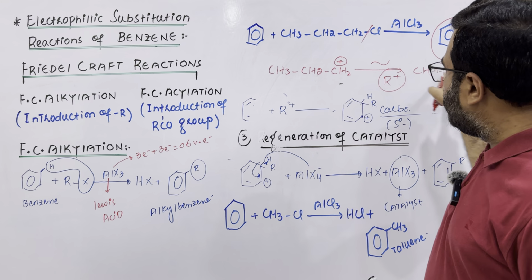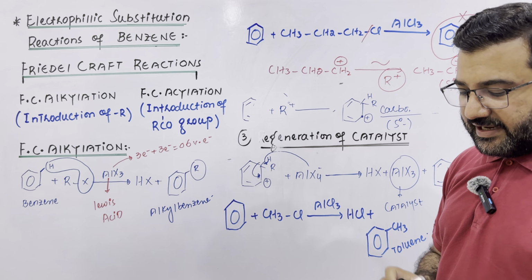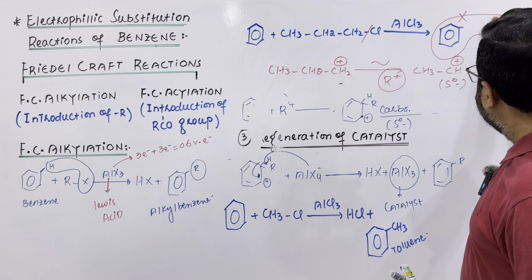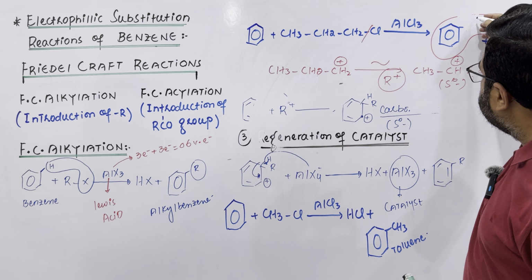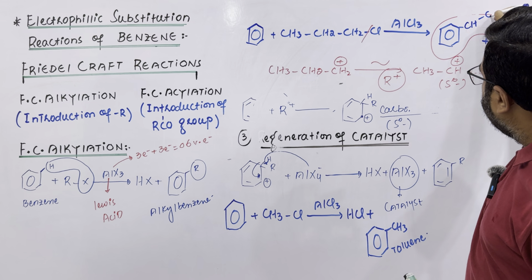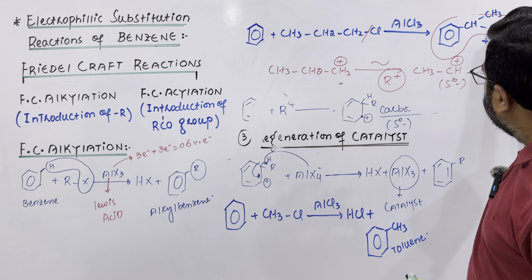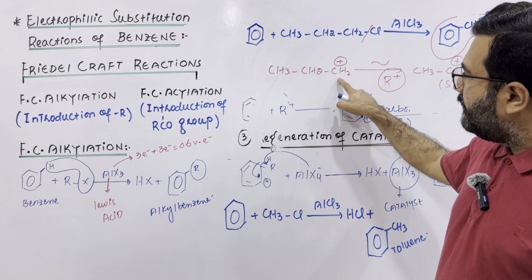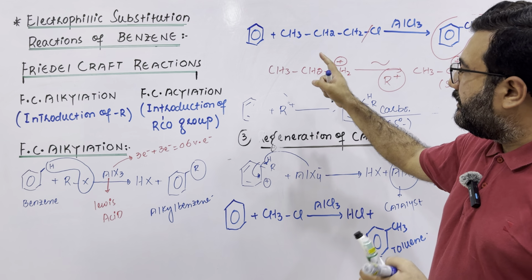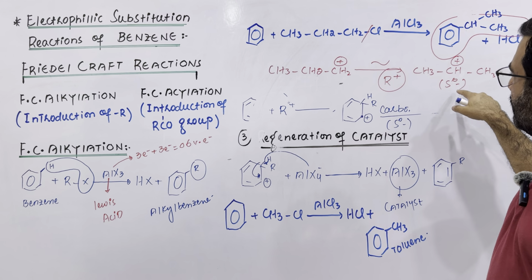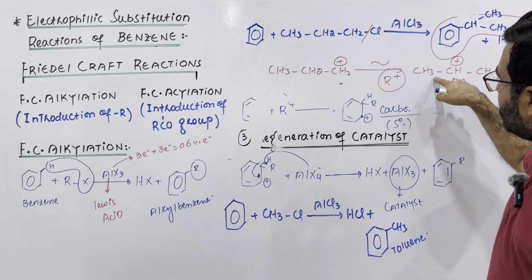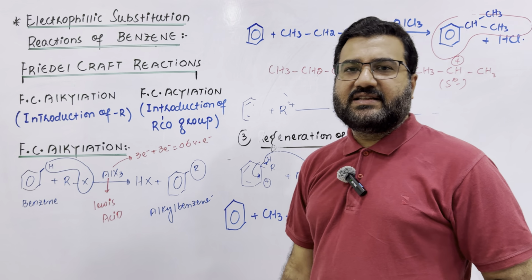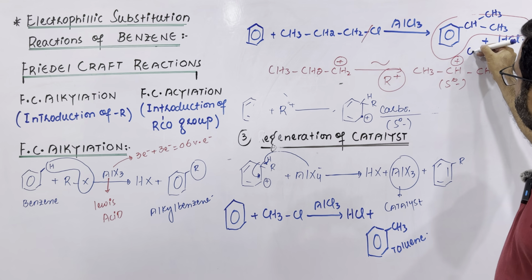When this primary carbocation is rearranged to the secondary carbocation, then instead of getting the normal propyl benzene, the exact product will be isopropyl benzene, because during the mechanism, the unstable primary carbocation rearranges to a more stable secondary carbocation, and this secondary carbocation then attacks the benzene, and you will get the isopropyl benzene, which is also called cumene.